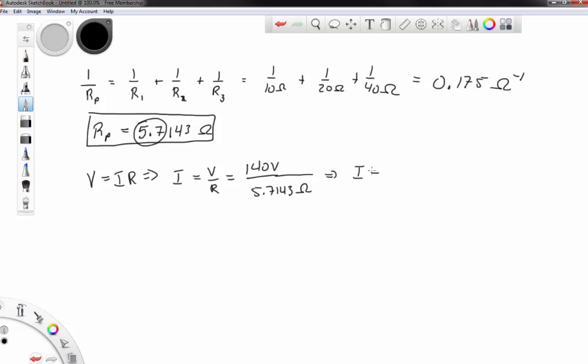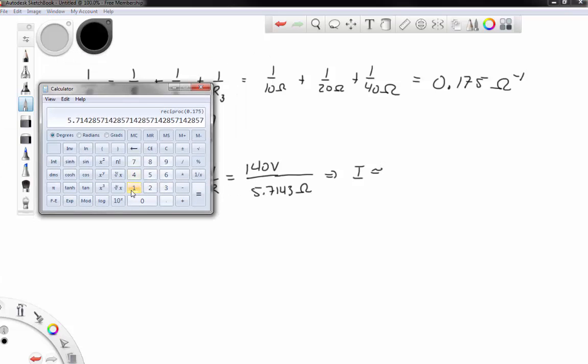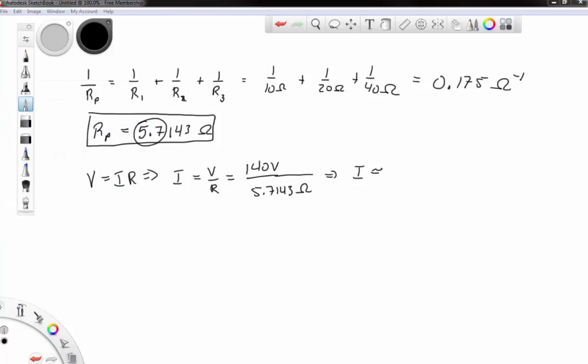And so the total current should be, let's pull out the calculator. Let's just do 1 over x for that, and then that times 140 gives us 24.5. So we'll just write 24.5 amps here. Again, there's actually only 2 significant figures to work with, so it's really going to be 25 amps.